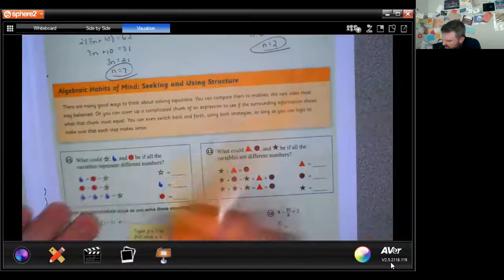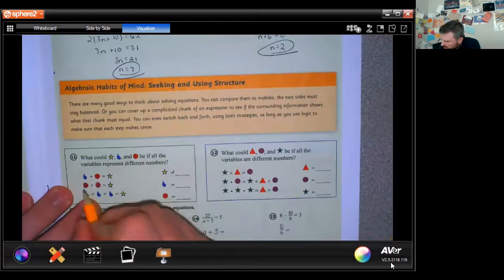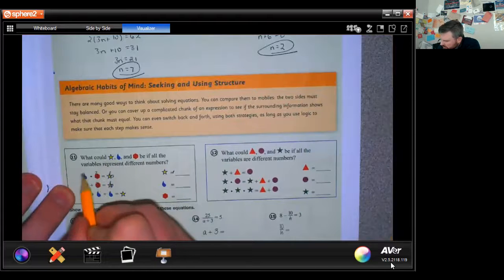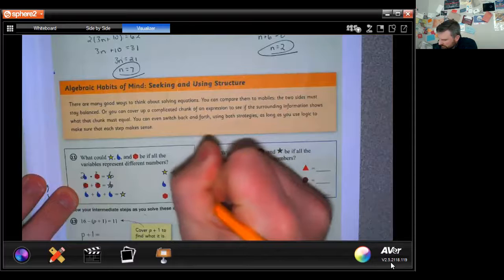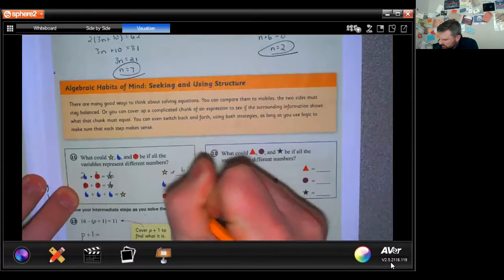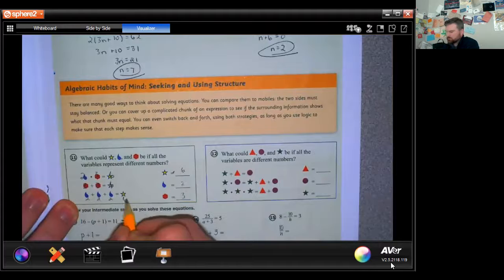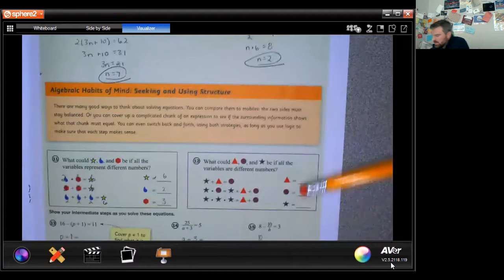So let's make these a 3. 3 plus 3 is 6. This is 3. So 2 times 3 is 6. So I think we got 6, 2, and 3. Okay, so that one worked out. Just a little bit of trial and error there.